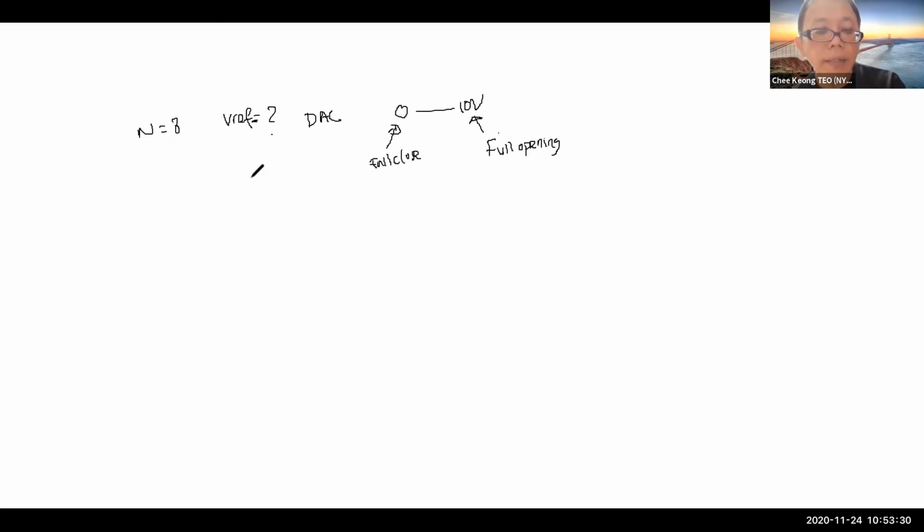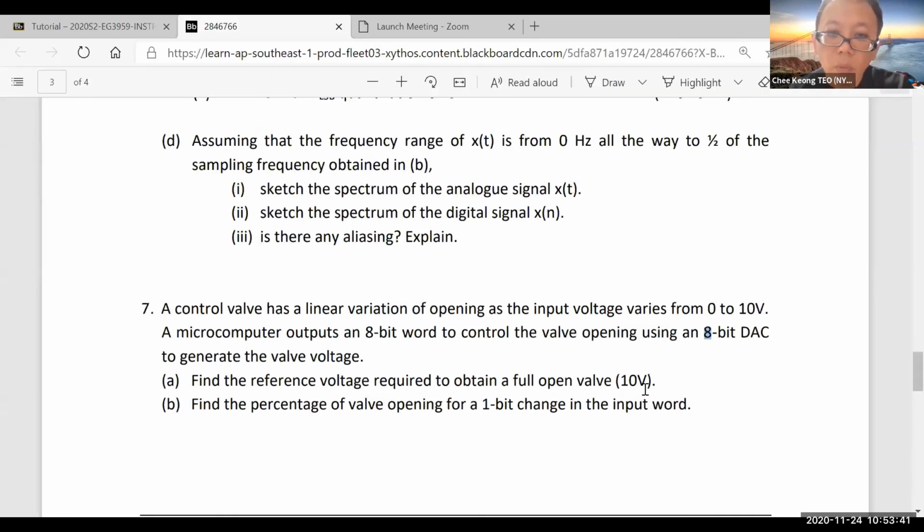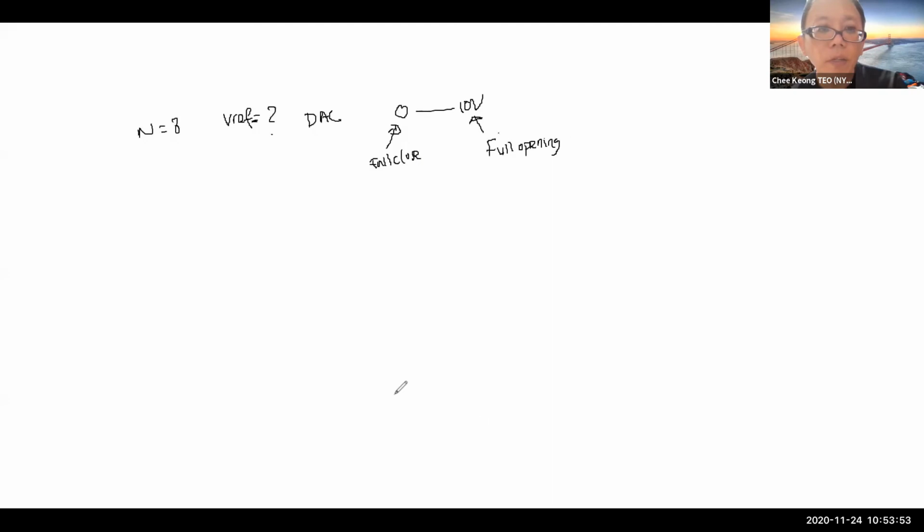Therefore, to obtain a full open valve, your control voltage must be at 10 volt.